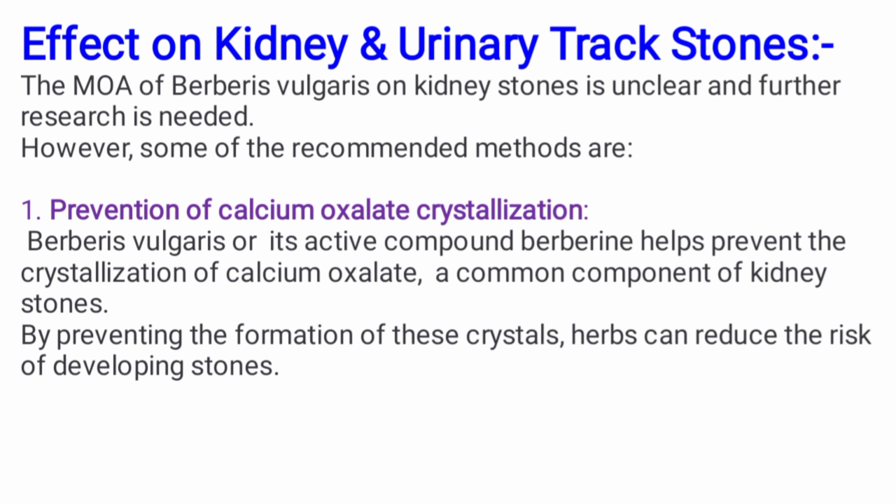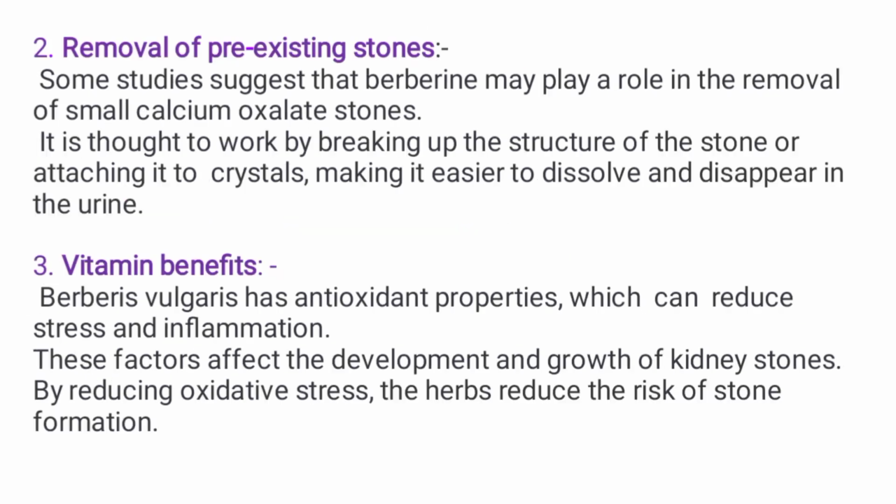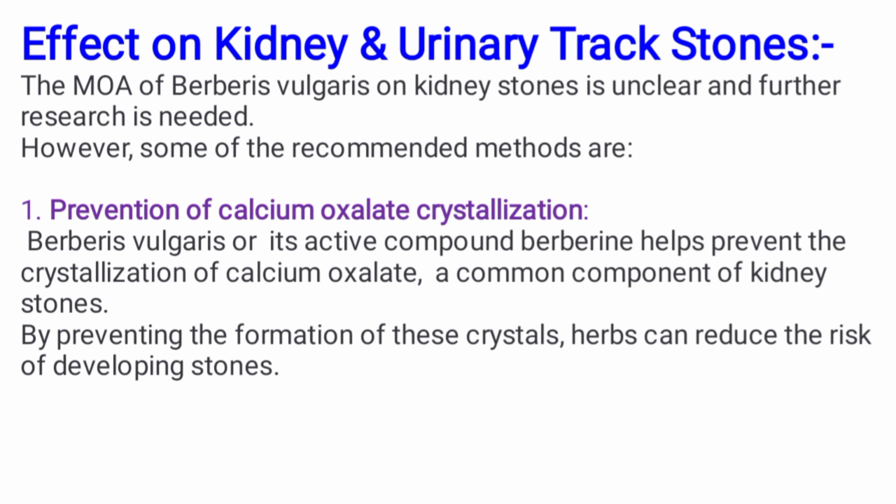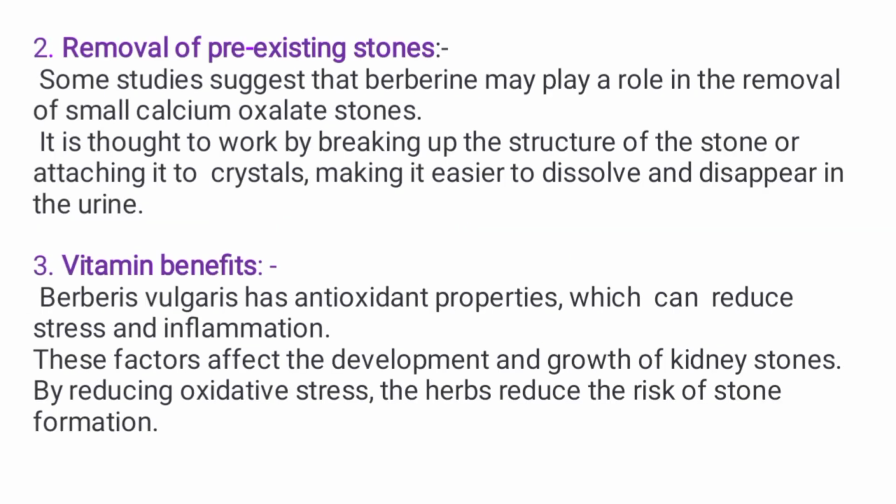Means it is the formation of stones which appear in your kidney, and by preventing the formation of these crystals, the herb can reduce the risk of developing a stone. Removal of pre-existing stones. Now if it destroys or prevents the stone by acting on calcium oxalate crystals, the next step is to remove the pre-existing stone.